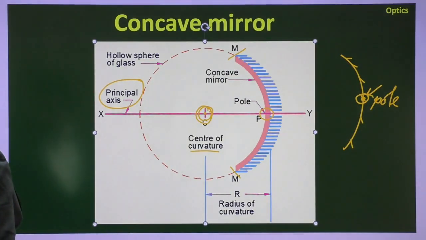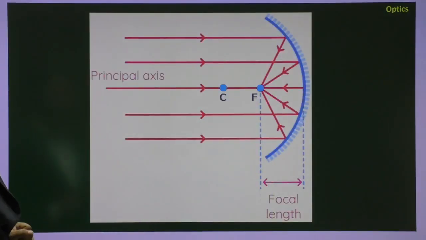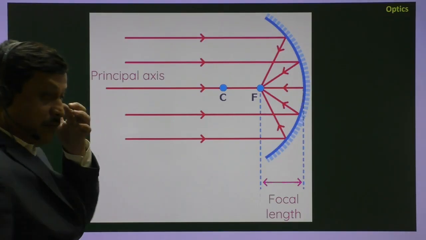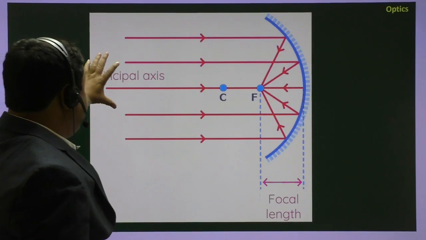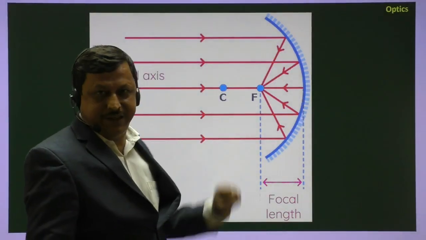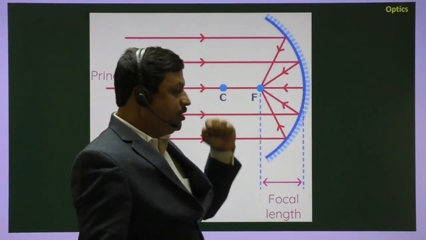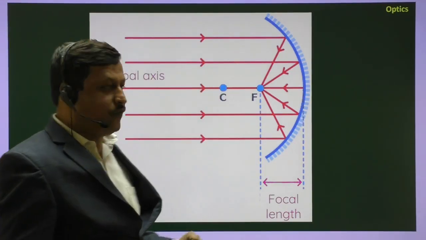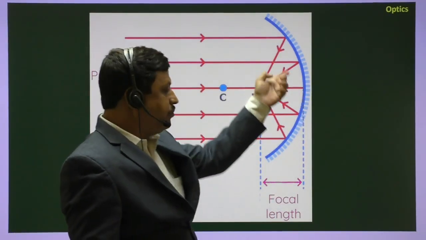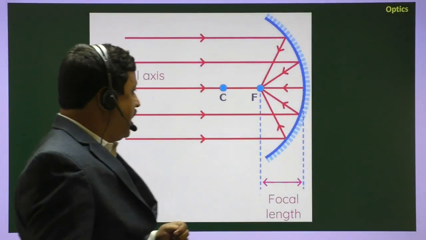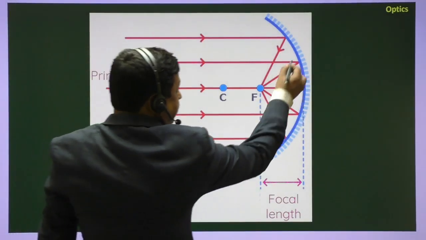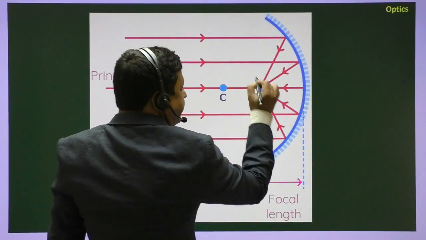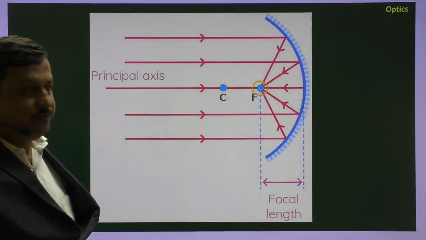Next, in this figure there is a parallel beam of light incident on the mirror, parallel to the principal axis, and after reflection each ray converges at a point on the principal axis.